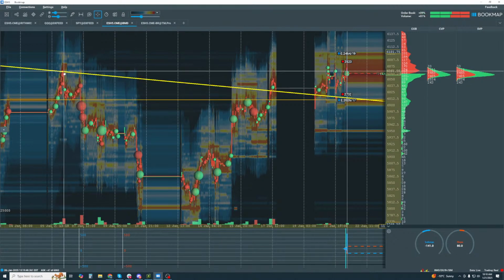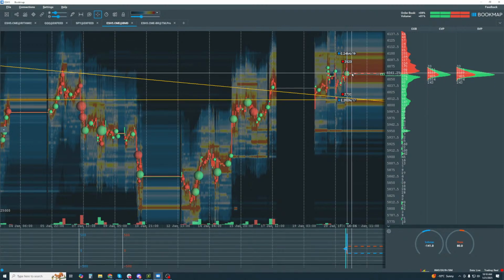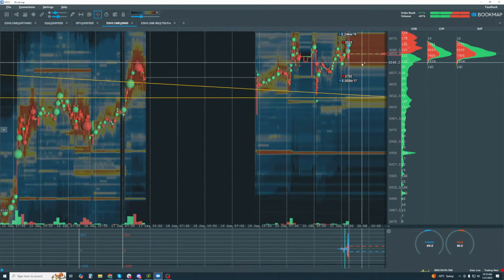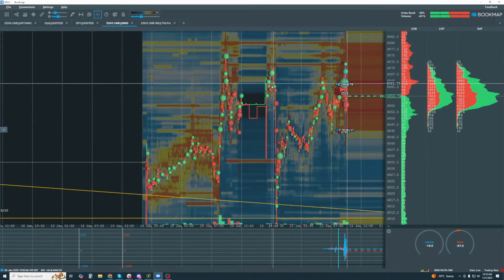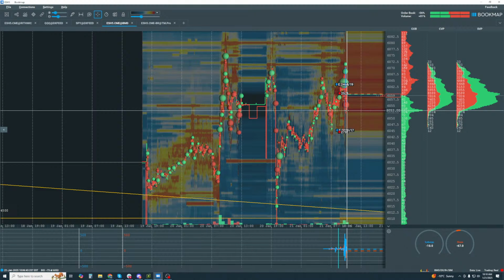We came up and tested this high, and we've come back down and retested into this area as well, and we're still above it. So this is bullish, and we're going to watch the acceptance and the volume and the order flow up on these higher time frames.